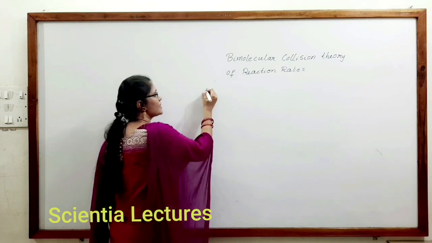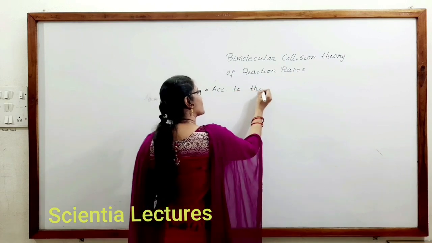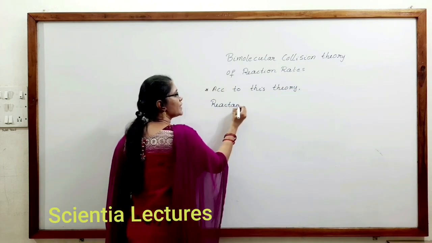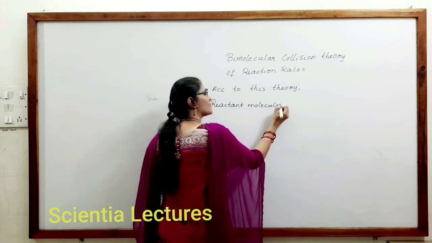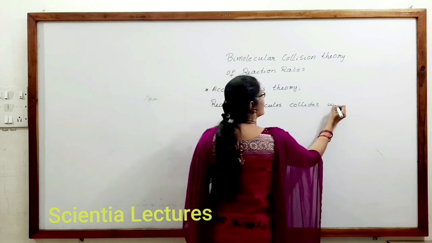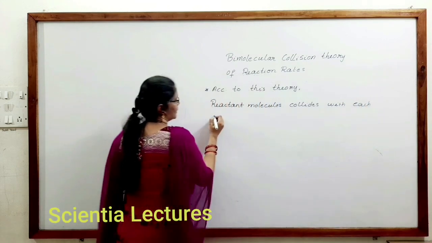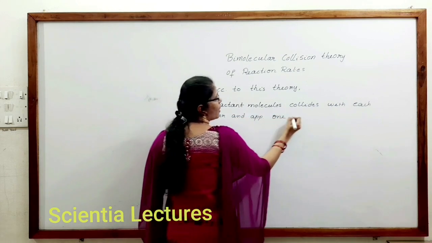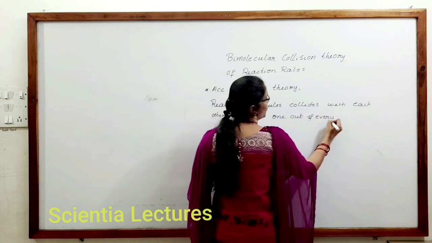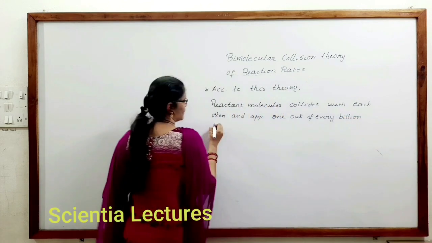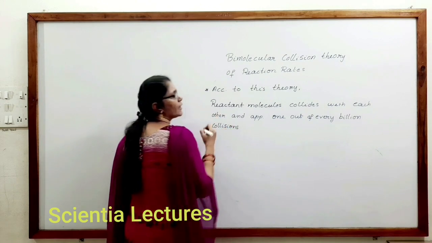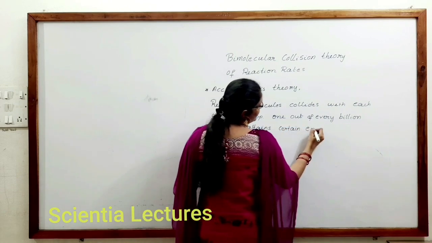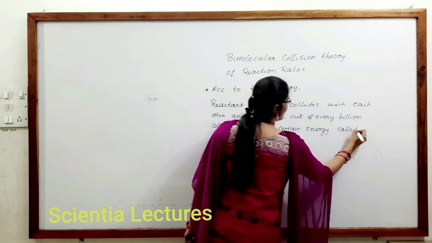So according to this theory, reactant molecules collide with each other and approximately 1 out of every billion collisions attains a certain energy called threshold energy.